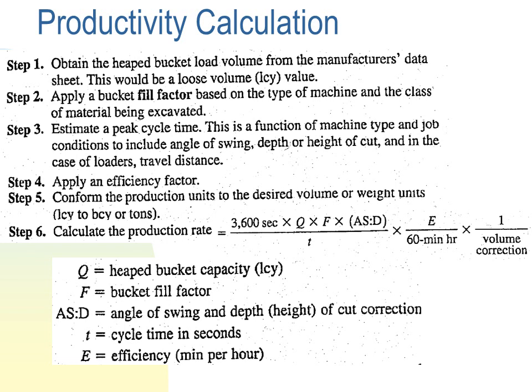Typically, you need it in bank units per hour. Sometimes, depending on the usage, if you are working in a quarry, for example, you will need it in units of weight per hour. So you need it in terms of tons per hour. So depending on what you need, you will play around with things.